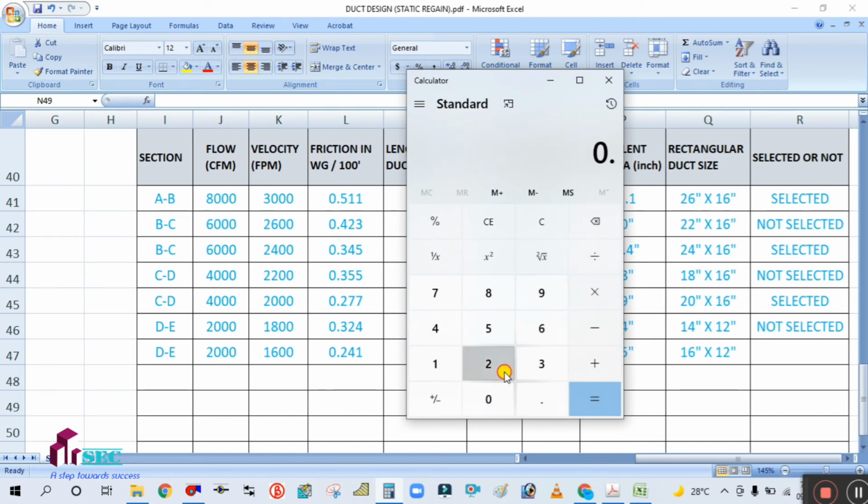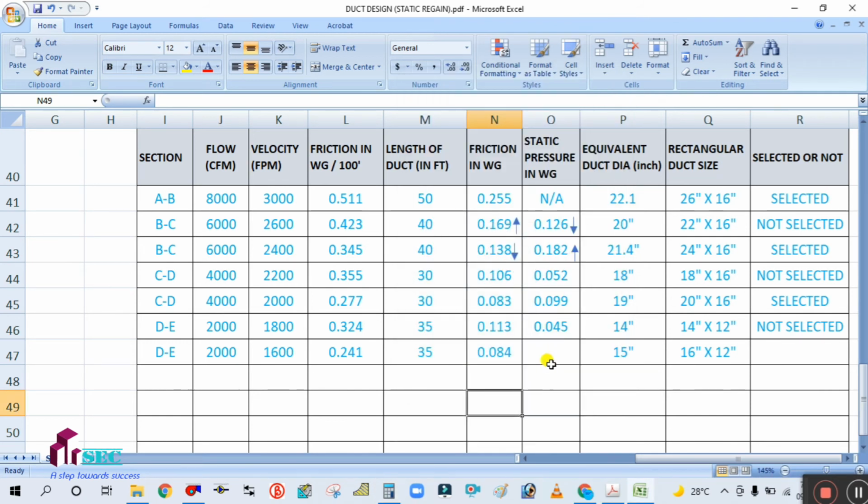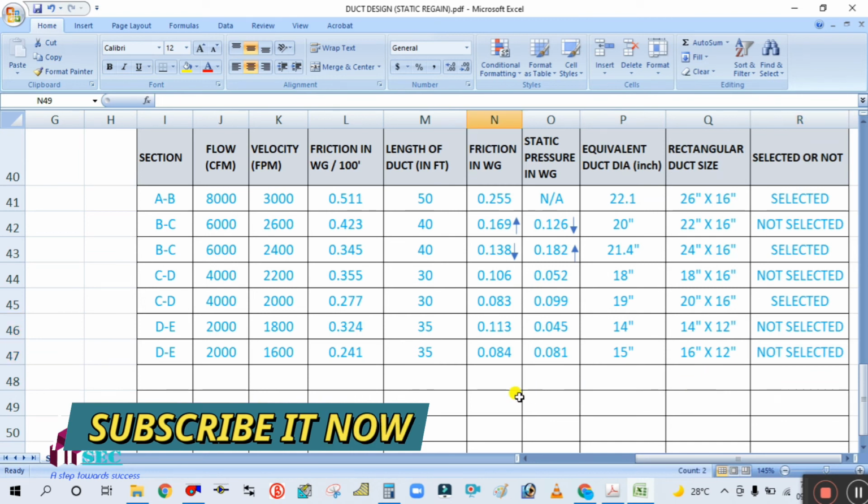So 0.25 minus 0.16, into 0.9, so 0.081. Again this static pressure is a minor bit less than the friction loss 0.084, so this is again not accepted.